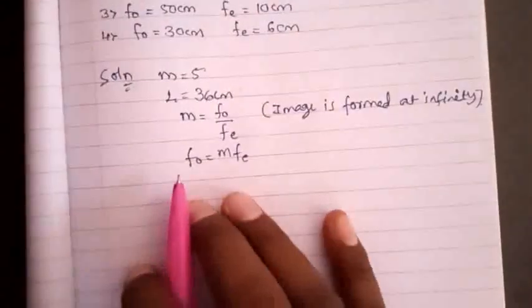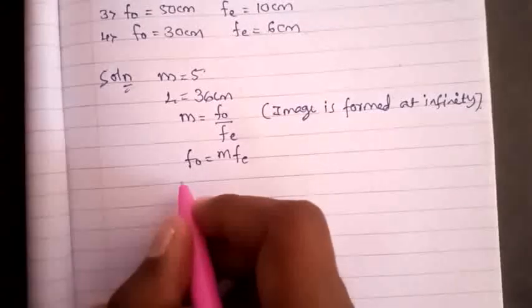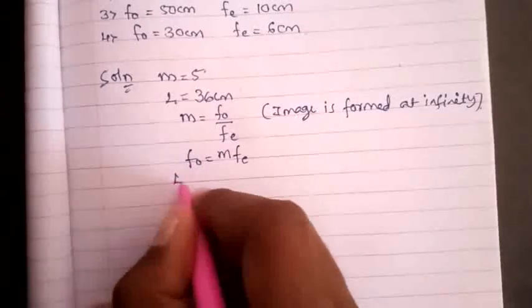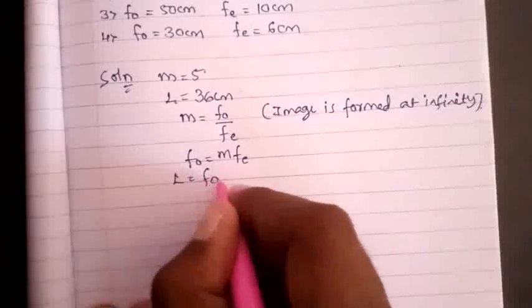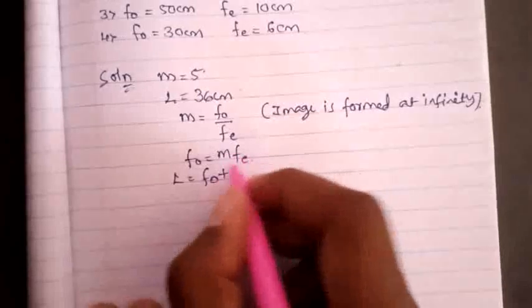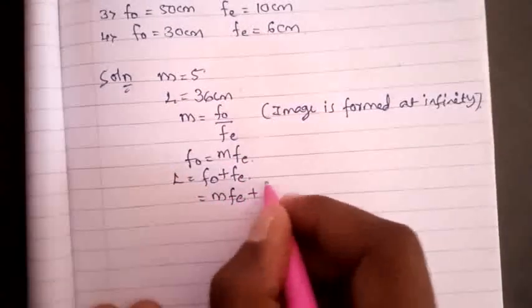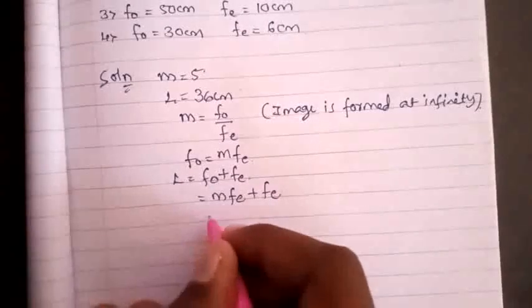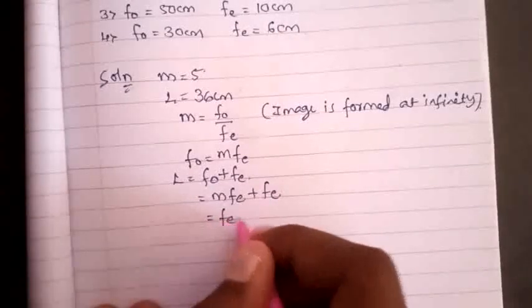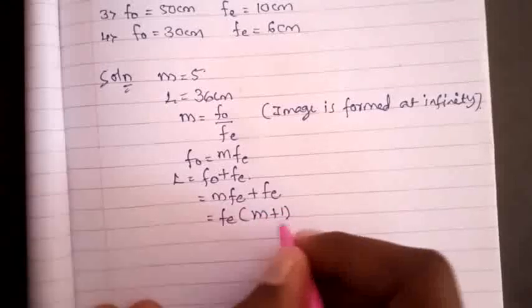Okay, so when the image is formed at infinity, what is the length of the telescope? The length of the telescope is nothing but FO plus FE. Then what about FO from this equation? That is M into FE plus FE. Then what is common here? FE is common. Then M plus 1. What is magnification given?